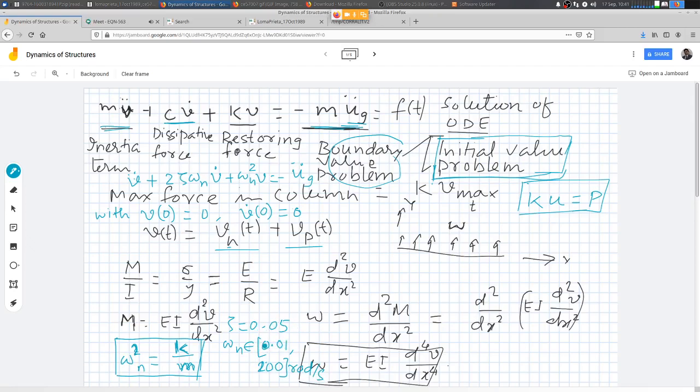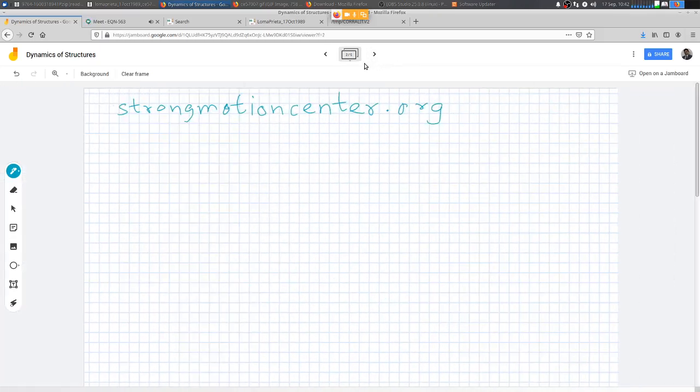Okay, 0.01 is a little too small, so I can just say 0.1 to 200 radians per second. You need to solve this differential equation and compute the response spectrum. So how will you do that?